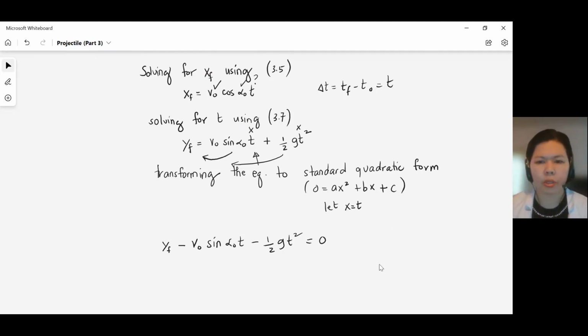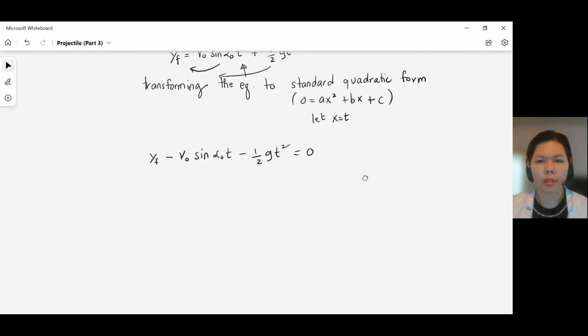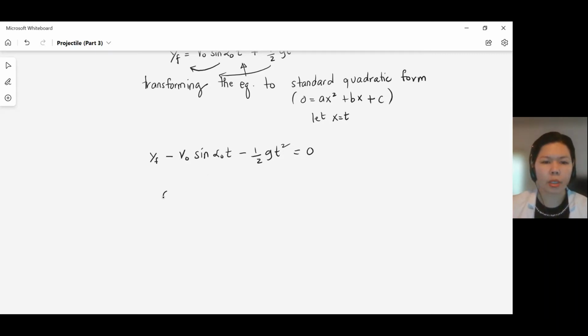We rearrange this so that it will look like the standard quadratic form. So I will just swap the entire equation: 0 equals, and let's write first the one with the t squared, negative 1/2 gt squared, and then the second term, minus v naught sine alpha naught times time, plus the last term, the yf.